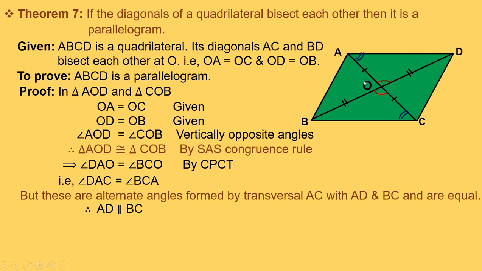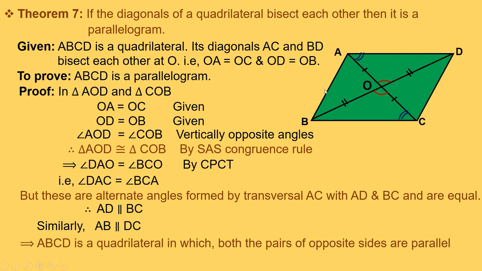Similarly, taking triangle AOB and COD, we can prove they are congruent and show that AB is parallel to CD. This implies ABCD is a quadrilateral in which both the pairs of opposite sides are parallel. Therefore, ABCD is a parallelogram. So, in a quadrilateral, if diagonals bisect each other, then it is a parallelogram.